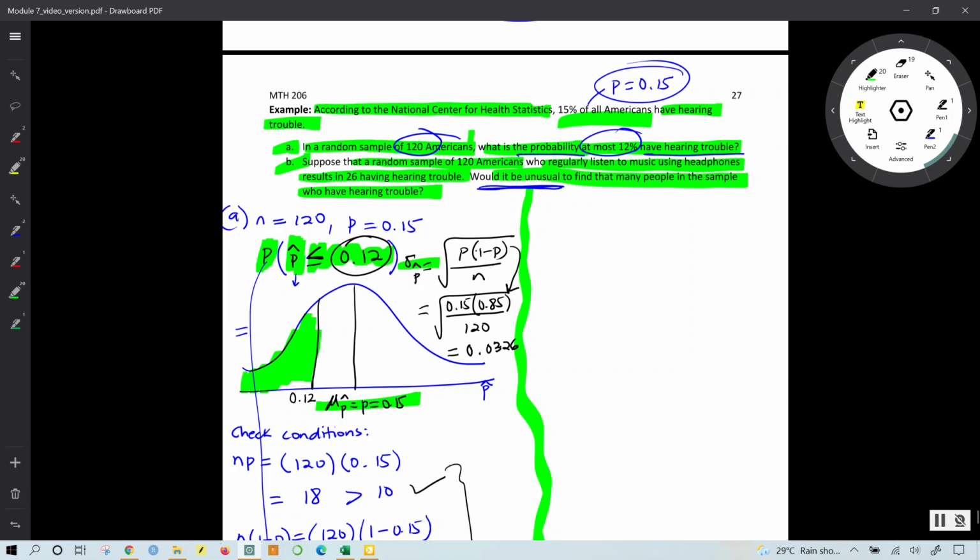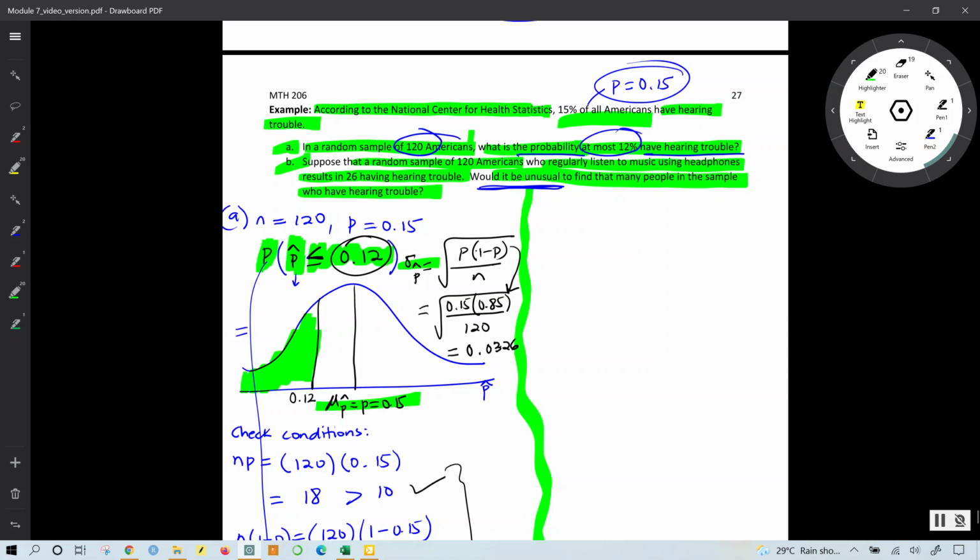For the purpose of this introductory class, an unusual event is one whose probability is very low. What is the threshold for a low probability? For this level, we take it to be 5%, 0.05. So if we find that the probability is less than 0.05, we would say that it is unusual.